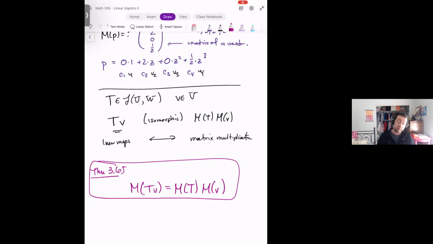And because of isomorphism, working with the linear maps on a vector space is identical to working with matrices acting on F^n, so matrix multiplication on n-dimensional vectors that you know from your earlier classes. So this is the core move of finite dimensional linear algebra.